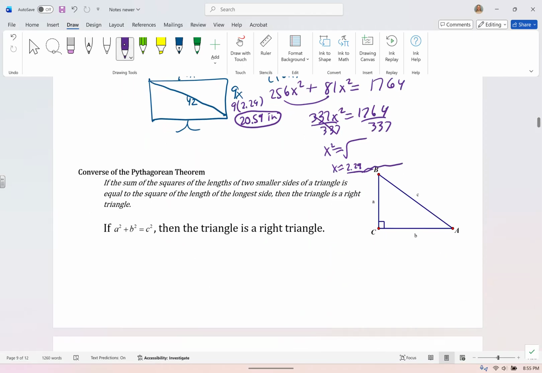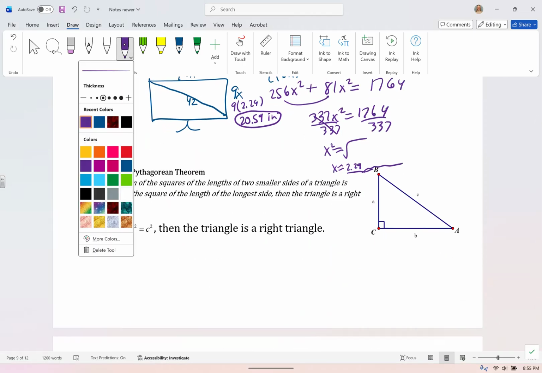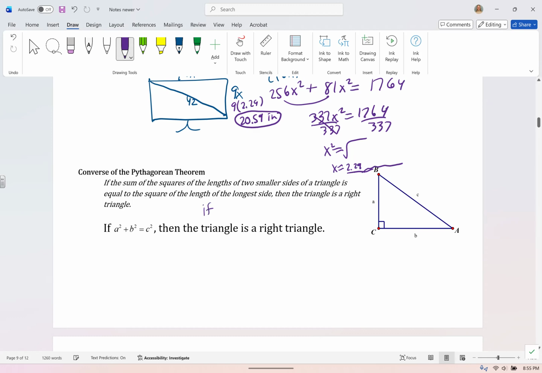So here's the deal. The converse means the original theorem says if you have a right triangle, then the Pythagorean theorem works. The converse would be if the Pythagorean theorem works on a triangle, then you have a right triangle. So to prove you have a right triangle, you can show that the Pythagorean theorem works.